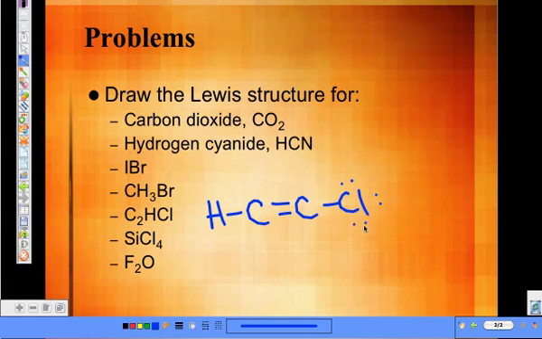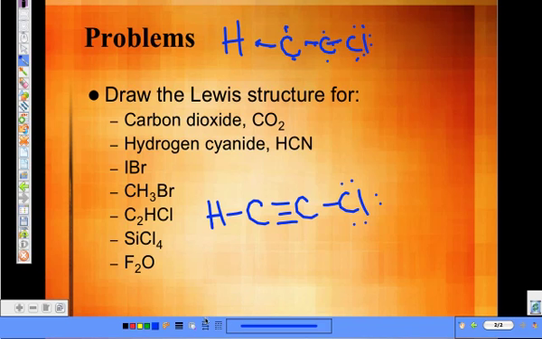And that carbon only has 6. Oh, triple bond. All right, 16 electrons: 2, 4, 6, 8, 10, 12, 14, 16. So this is what you have written down, Easton, right?